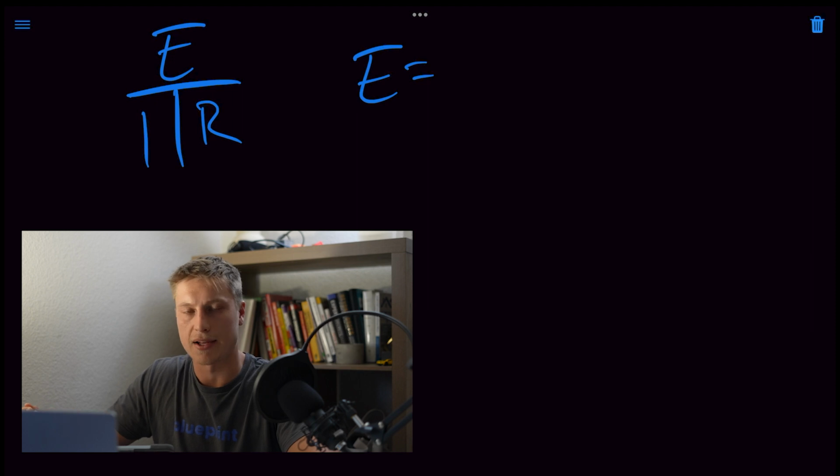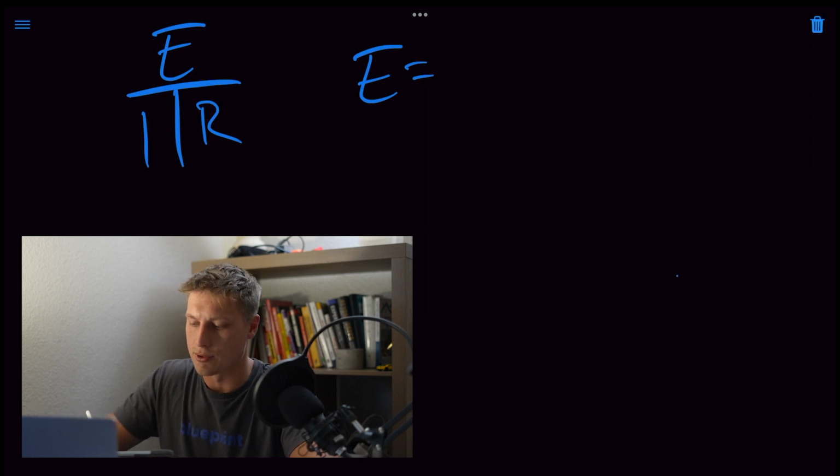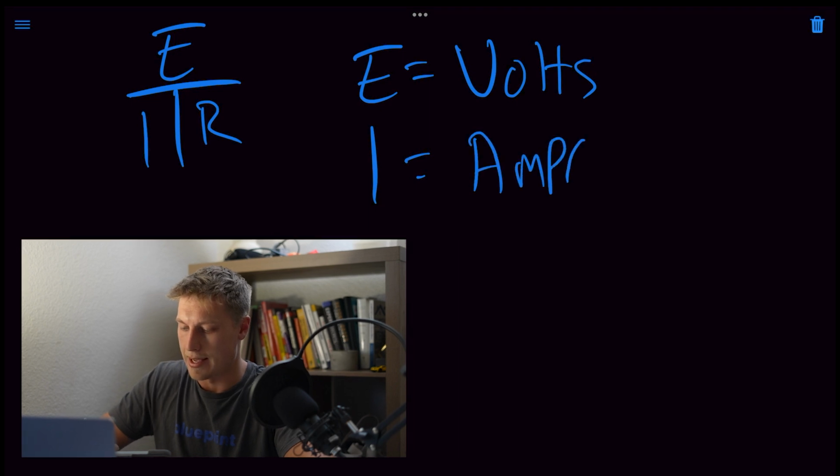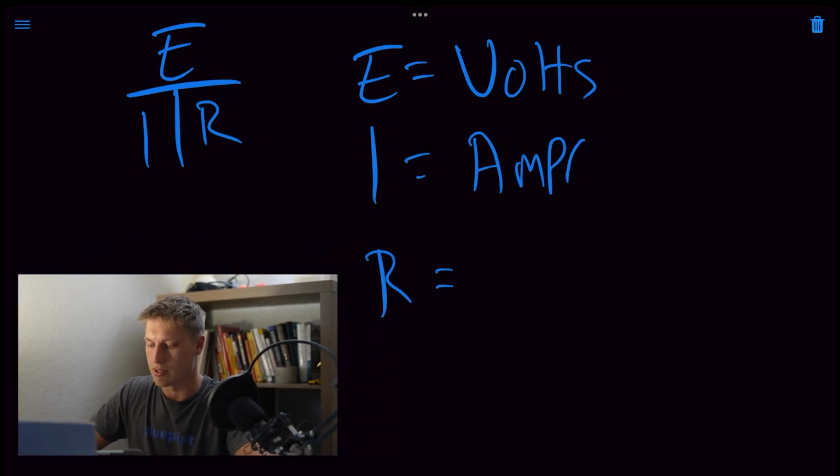I'll put up in the corner, this is always what I do, E over IR. So what does E equal? In mathematical terms when it comes to an electrical field, E equals voltage or volts, I equals amperage or current, and R equals resistance or ohms.